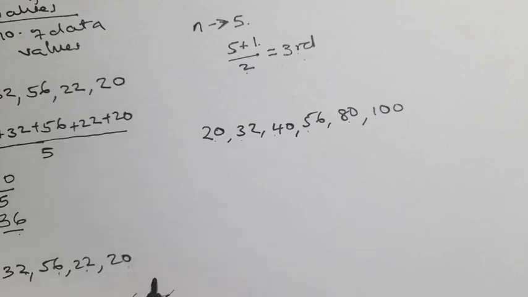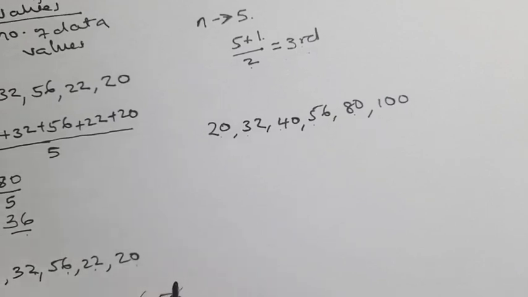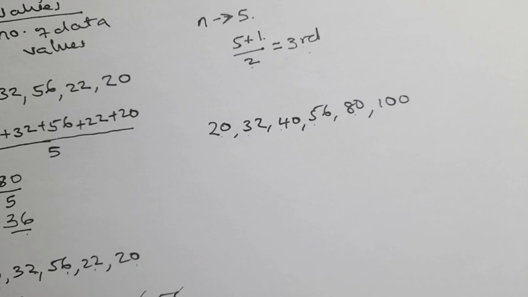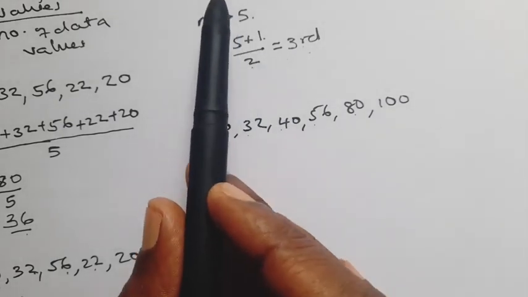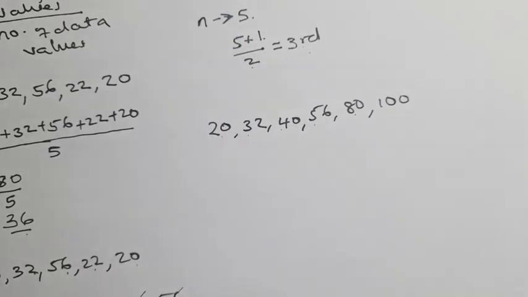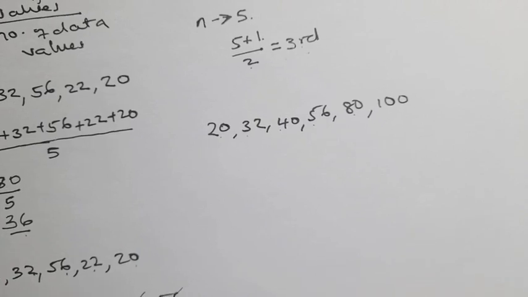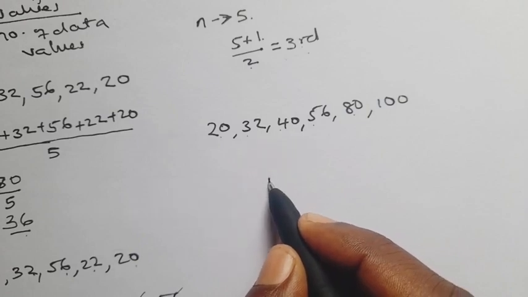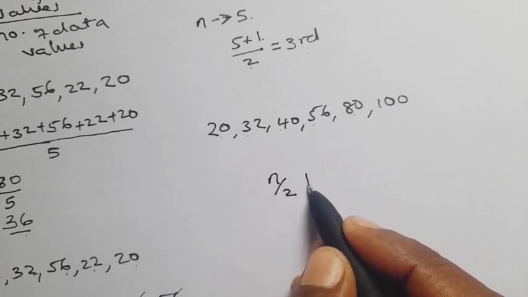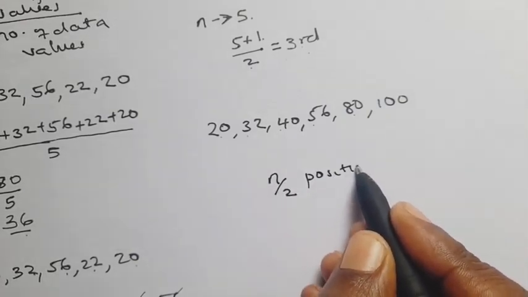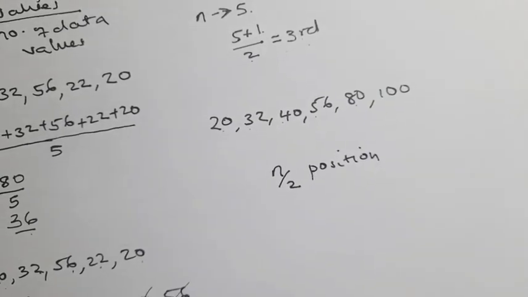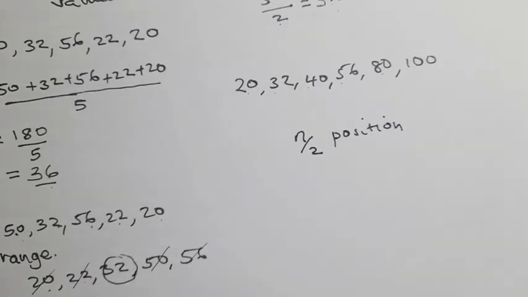Now to get the median, bear witness with me that we are not going to use the same approach, but instead we are going to take two positions. First position is the n over 2 position, a number that falls in position n over 2.